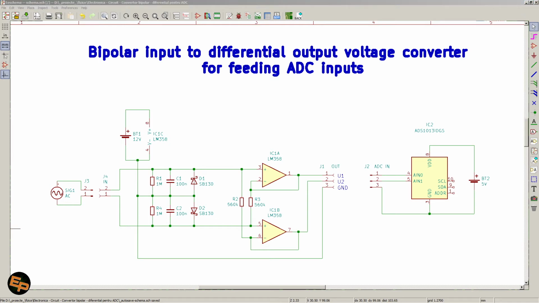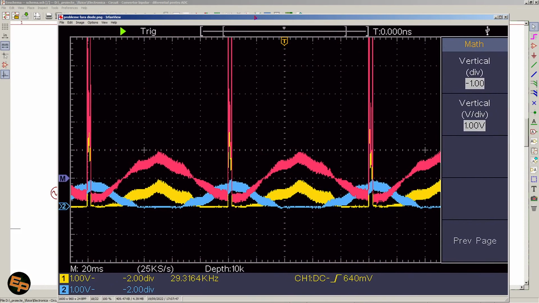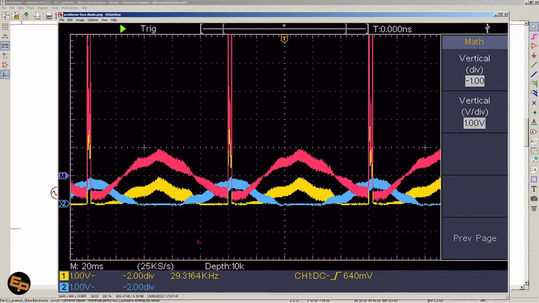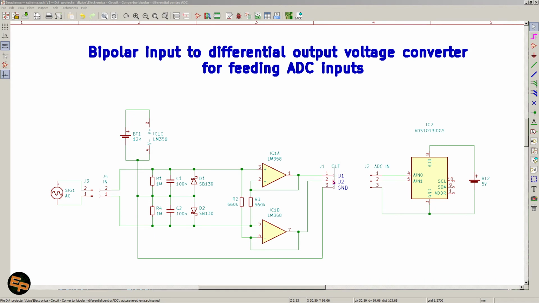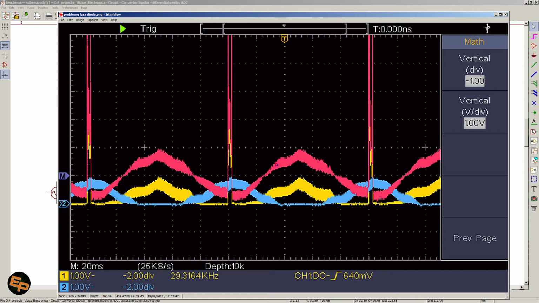In other words, the signal might look like this, which is not desirable. With yellow and blue, we have the two outputs, which are U1 and U2 here, and with magenta, well, it looks more like red here, but it's magenta actually, we have the mathematical channel of the oscilloscope, which calculates the difference between the yellow and the blue.